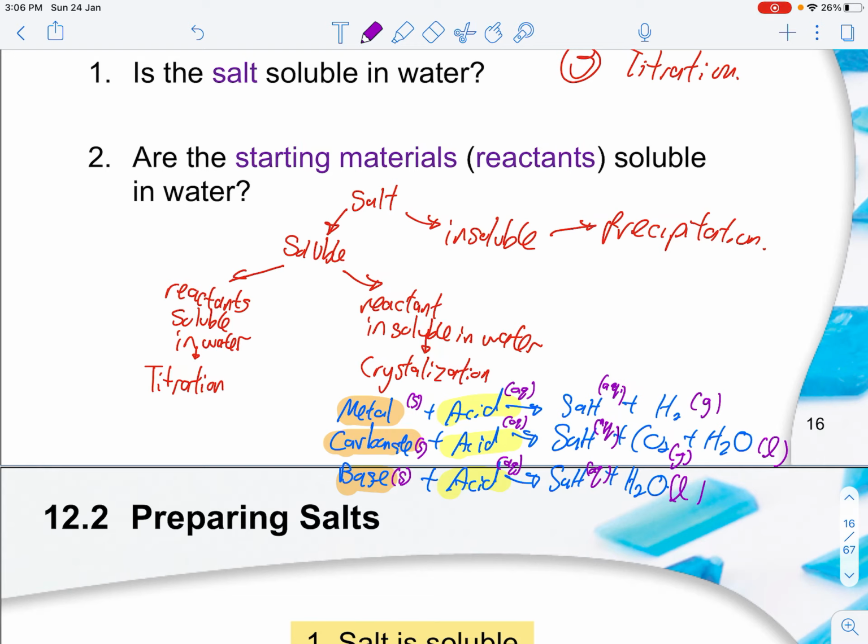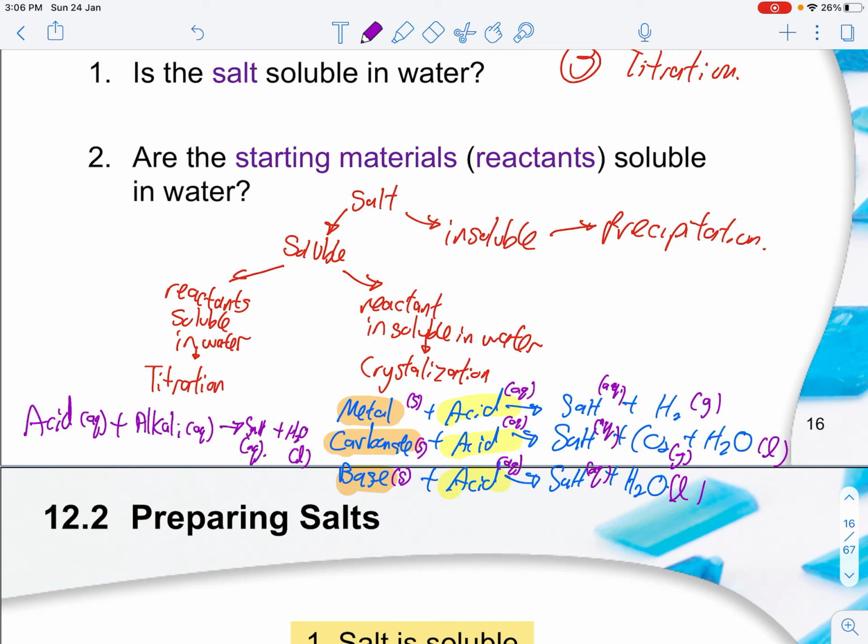For the titration method, both reactants must be soluble in water. One that fulfills this is your acid and alkali, which is also a base but a soluble base, giving you salt plus water.